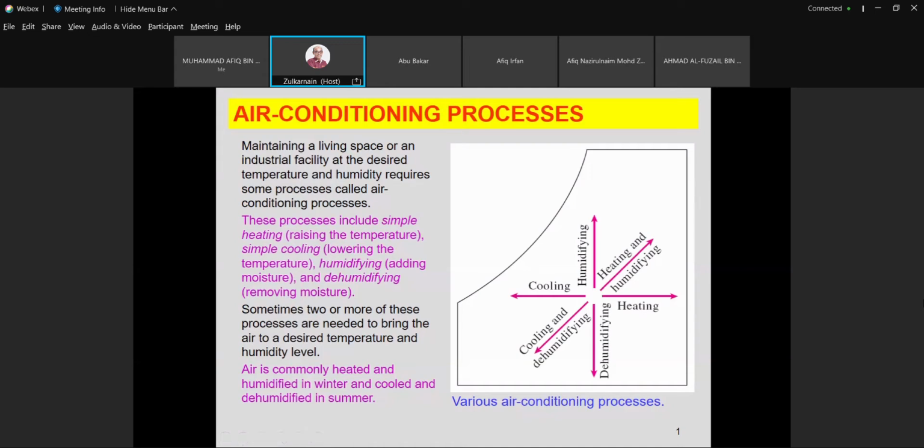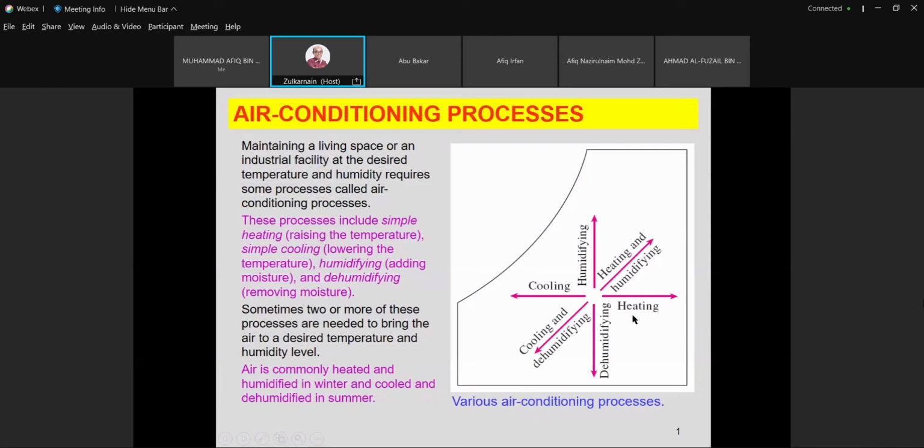Okay, so the heating and cooling processes only involve what is called sensible heat, whereby we are only changing the temperature. But as far as the moisture content, the specific humidity, is concerned, it's still the same. The moisture content is still the same, whether we are going to the left or to the right. Sorry, to the left is the cooling process, and to the right is the heating process.